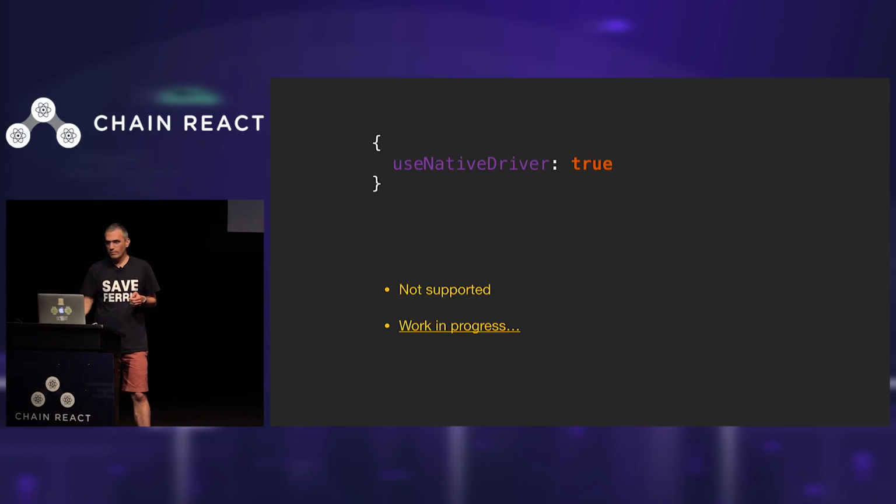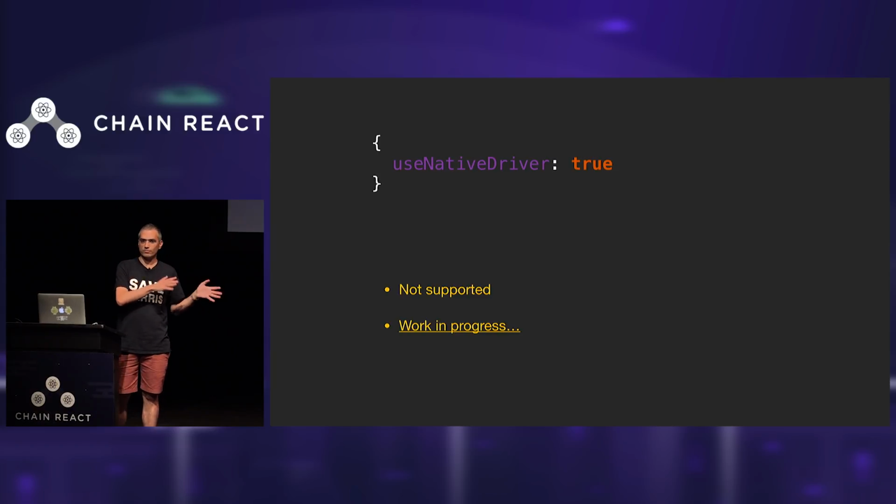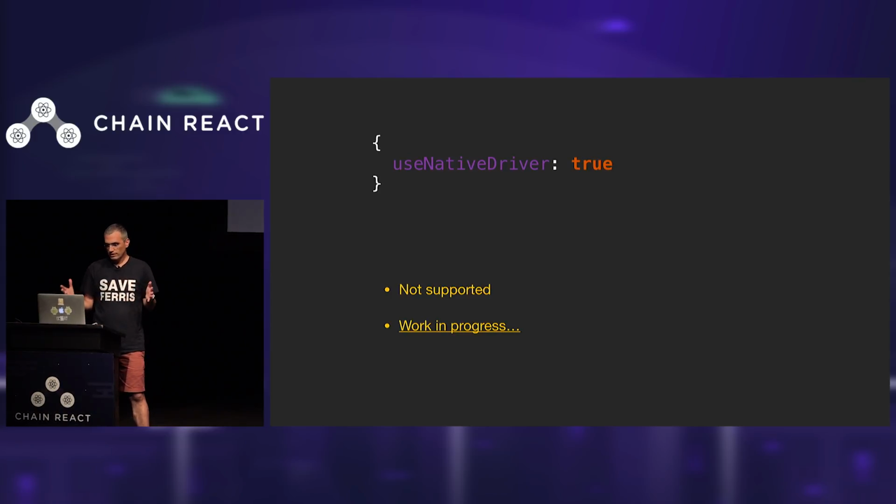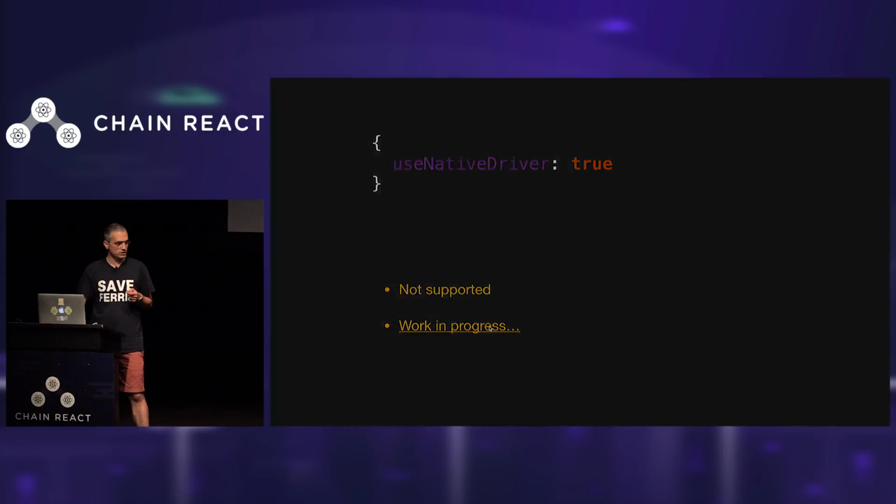So some of you may ask whether those animations support use native driver. We all strive to move all the heavy lifting of animations from the JavaScript side into the native side, right? So the bad news is it's not supported yet. However, it is very much work in progress.